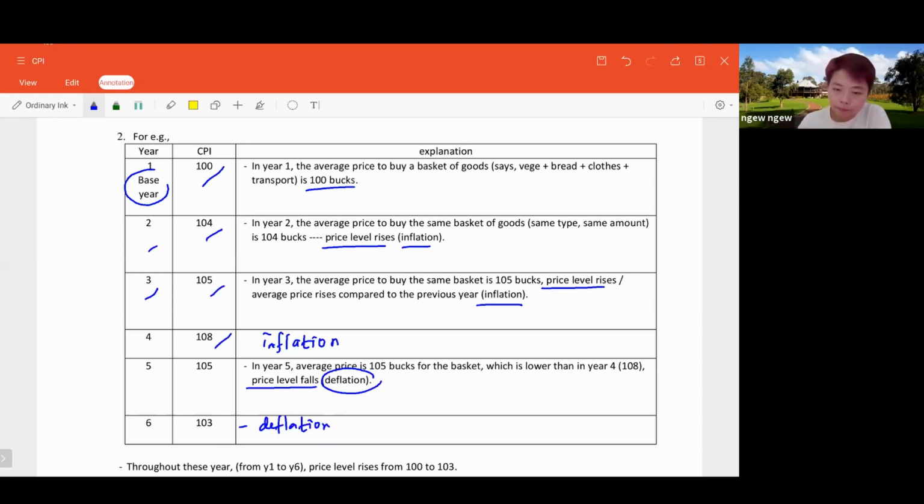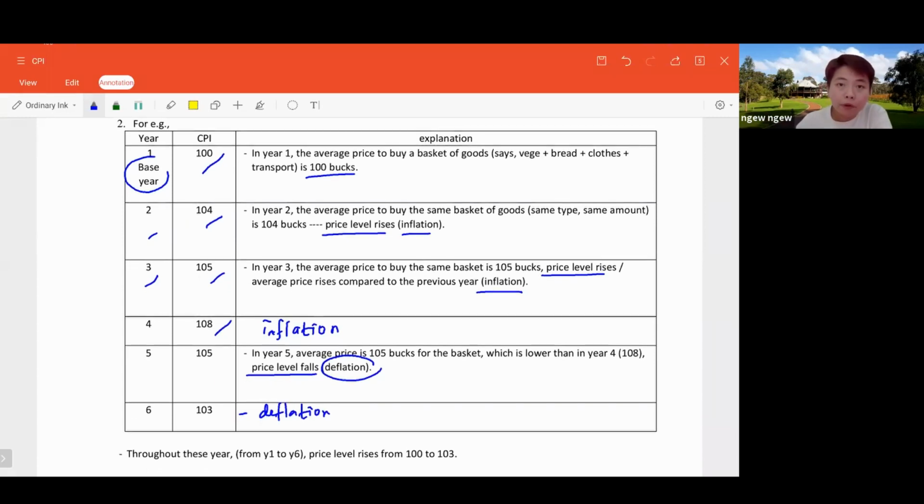But guys, CPI provides us another point of view. CPI can also give us a picture over these years. In 6 years' time, your basket is actually more expensive, because in year 1 the same basket costs you 100, but in year 6 the same basket costs you 103.